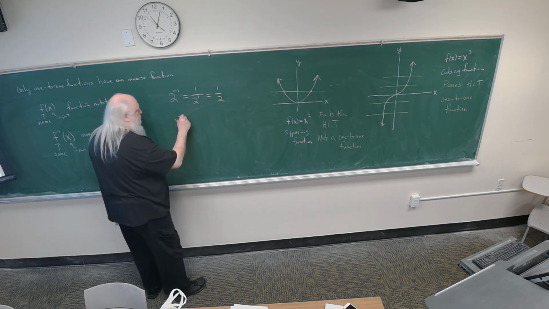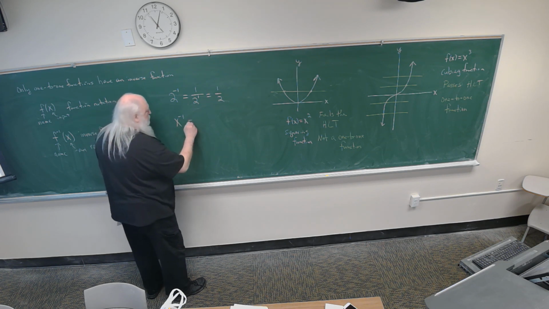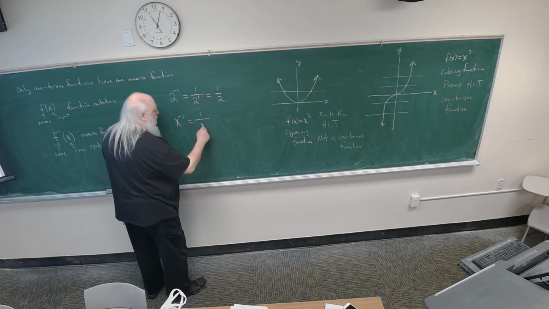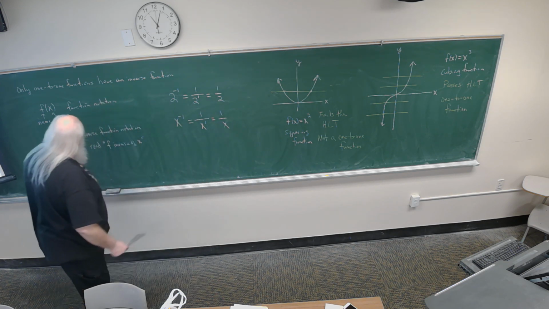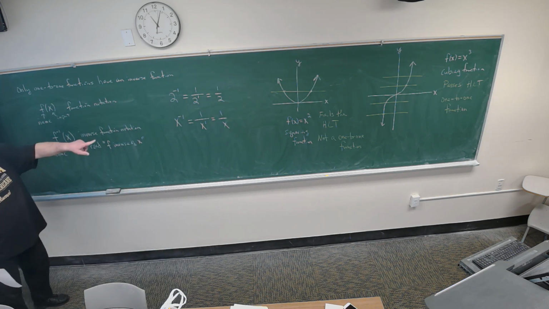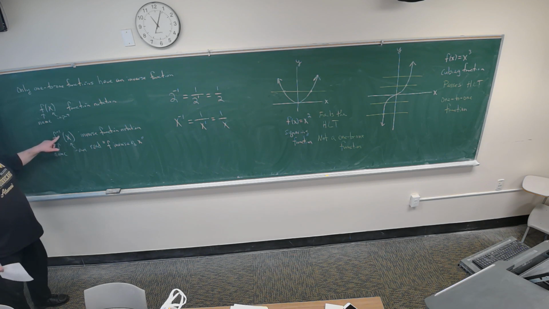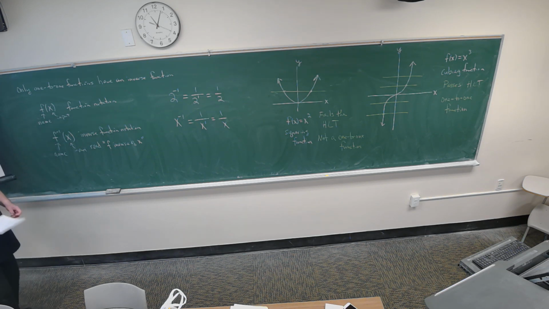If I write x to the -1, same thing, 1 over x to the first, which is 1 over x. This -1 superscript does not mean that. It's just fancy mathematical notation to represent an inverse function. We put the -1 on the superscript of the name of the function to indicate it's the inverse function for f of x.